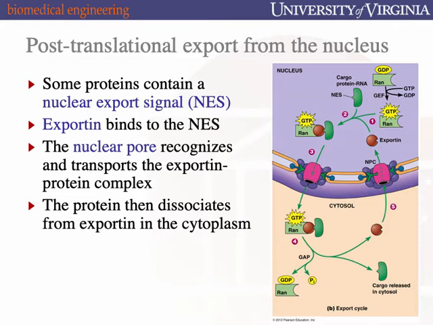Again, basically hitching a ride, if you will, on the RAN GTP gradient from inside the nucleus to outside of it. Goes outside, and all this stuff is the same. There's a protein that binds here, activates the hydrolysis of the GTP, and upon GTP hydrolysis, the complex disassembles, and then the exportin is brought back into the nucleus for another round of export.